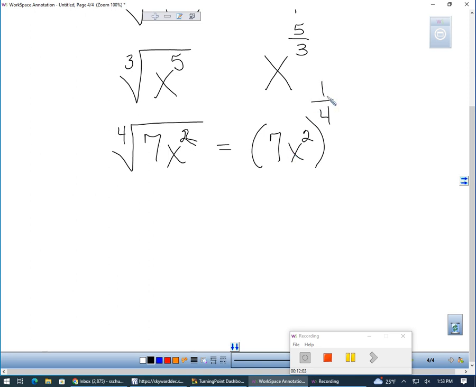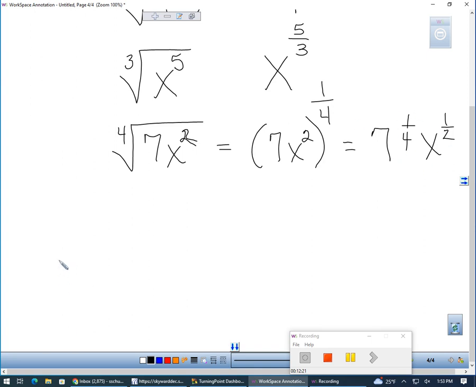My bad, I apologize. 1/4 power for the 4th root. So then we can distribute that 1/4 to both things. You can say 7 to the 1/4, and then x, if I multiply my exponents, I actually get 1/2, don't I? So which form shows me that I originally started in a 4th root? The first one, yep. Okay, but again, both answers are correct.